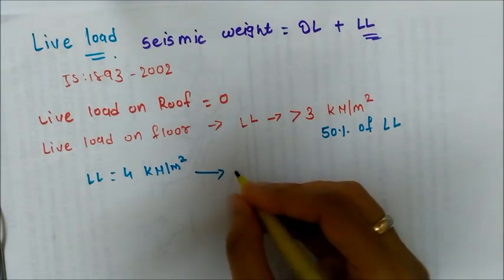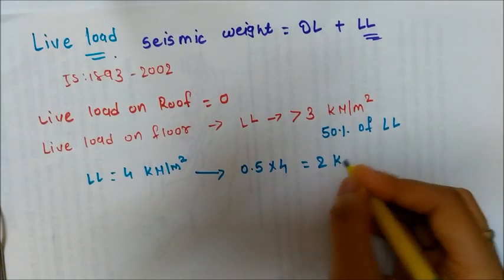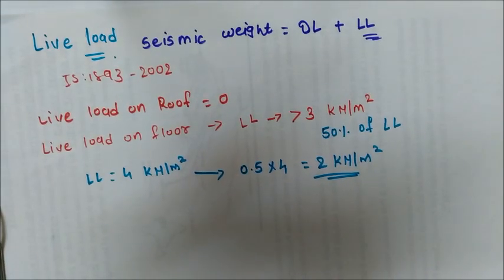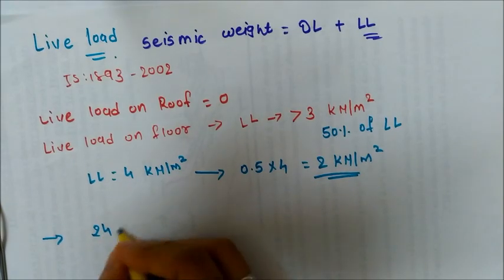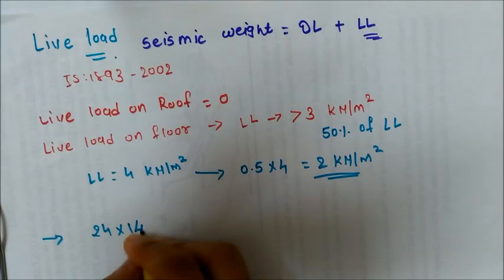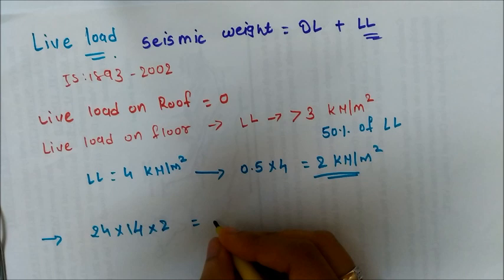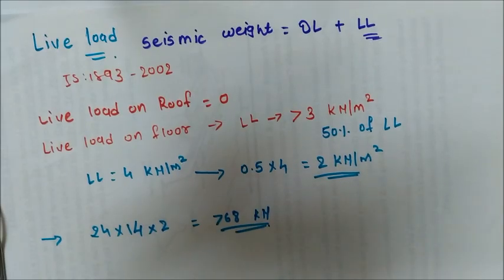So we have to take only 50%, which is 2 kilonewton per meter square. So here we consider only 2 kilonewton per meter square live load on the floor. The size of the floors, or the total plan or slab, is 24 by 14 multiplied by 2, and the final value is 768 kilonewton. So this is the total live load on the floors.